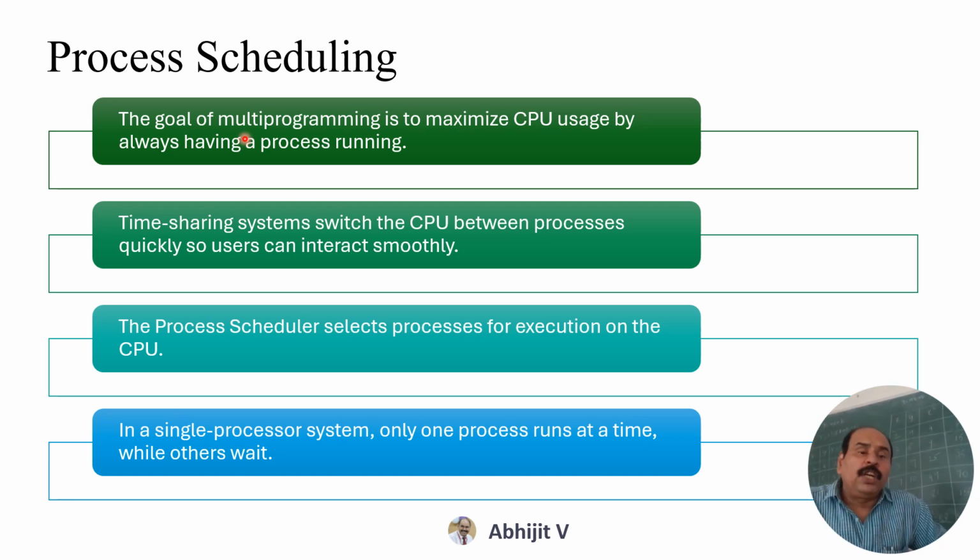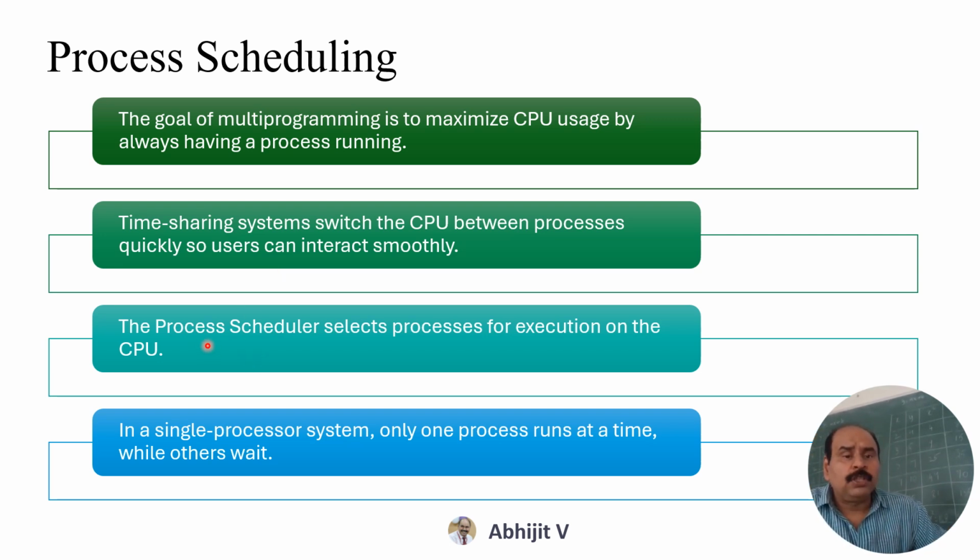So we'll be using different kinds of algorithms to schedule different processes, and these are called scheduling algorithms. Time sharing systems switch the CPU between processes quickly so that the users can interact smoothly. When a user is working, he should not know that he is allotted only a particular time slot. It is so fast, in microseconds and milliseconds. It keeps allocating for multiple processes.